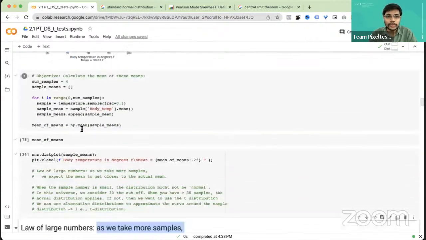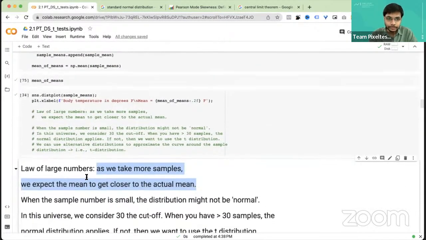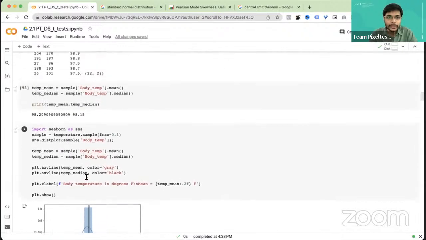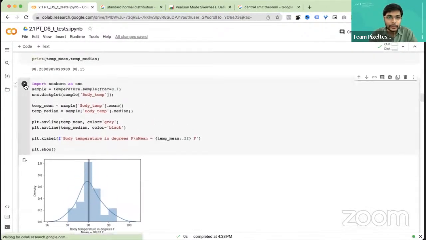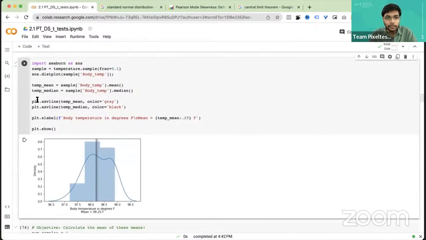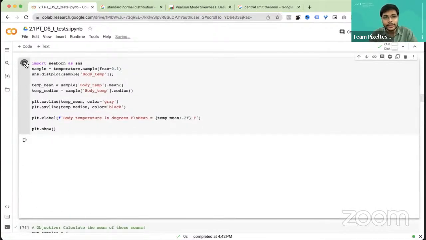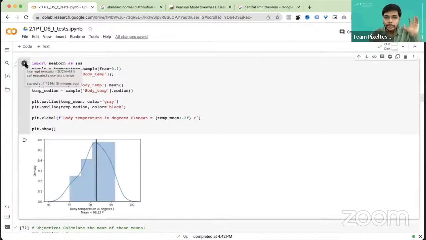Right? Which seems practical. So if you take more and more samples, so now I am going to take, this was one sample, and every time we are going to do many samples like that, and you're collecting means from there, right? There are a lot of samples that can be generated, because every time we are generating sets of 22 from 223 records.